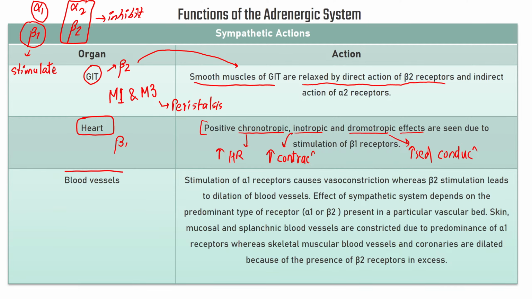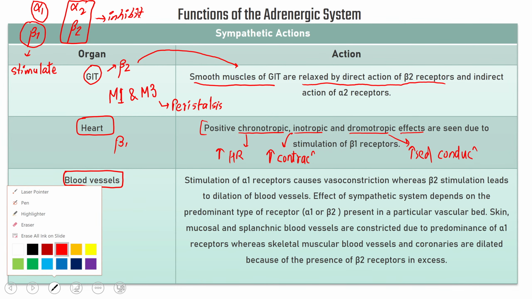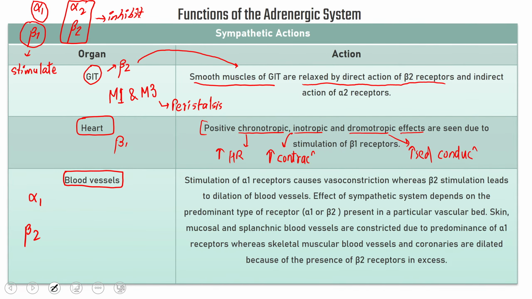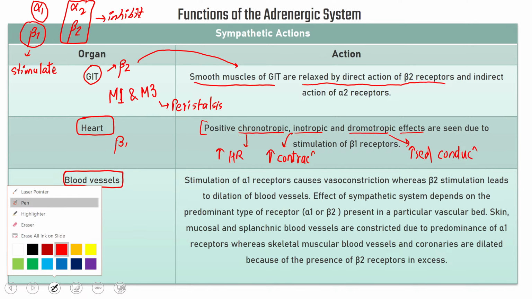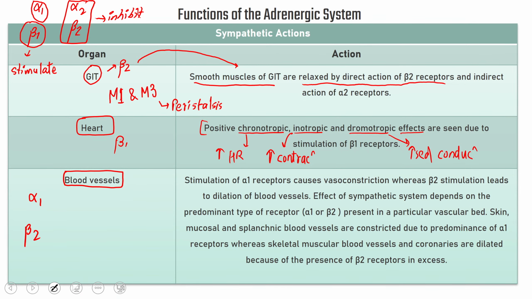Now in the blood vessels. Now there is a dilemma here. There are both alpha 1 and beta 2 receptors present in the blood vessels. What does alpha 1 do? Causes vasoconstriction. What does beta 2 do?